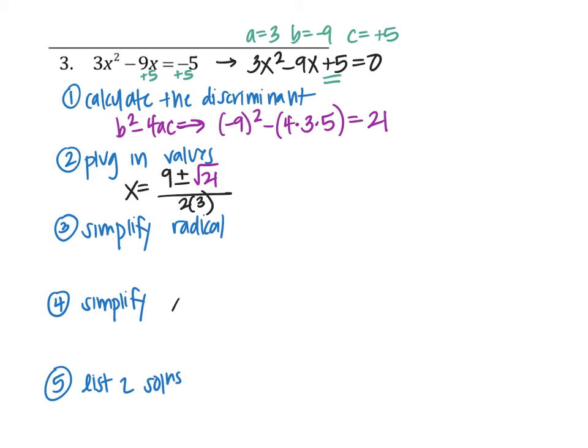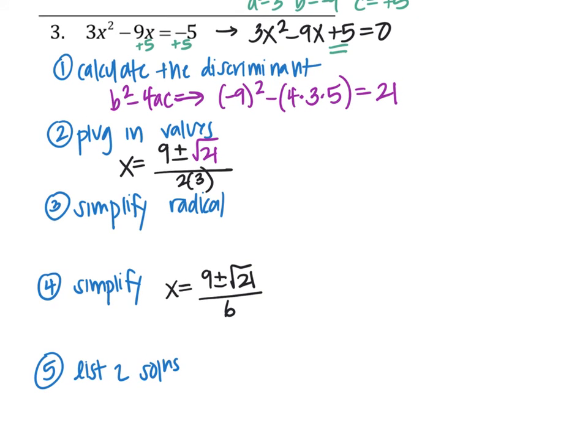So we're going to go down here. X equals 9 plus or minus the square root of 21 over 6. So when I say list 2 solutions, we're really done. You could go one step further if you wanted and write x equals 9 plus square root of 21 all over 6, and 9 minus square root of 21 all over 6.